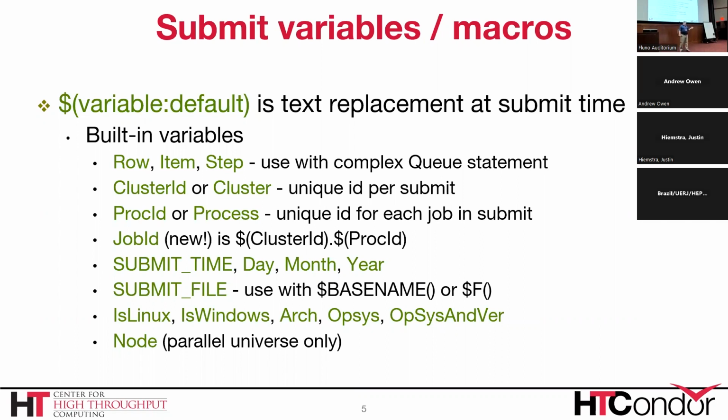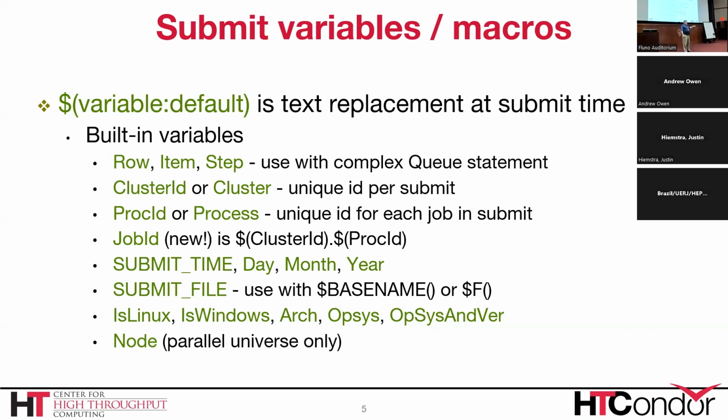But if you want to use a submit command inside one of these dollar expansions, that works, right? You can say $(arguments) and it'll pick up whatever the value of arguments is and substitute it in that place. There are a bunch of built-in variables to help you do this generalization. Row, item, and step are automatically values that increment when you use the multi-item queue statement.